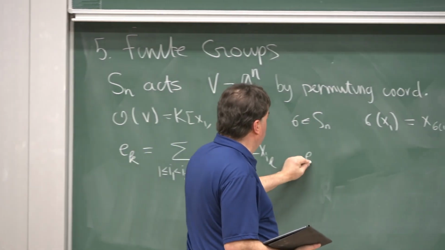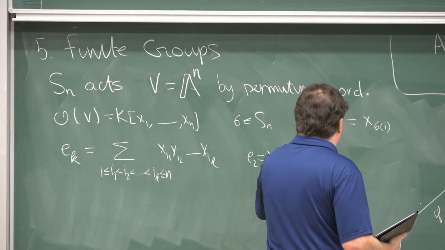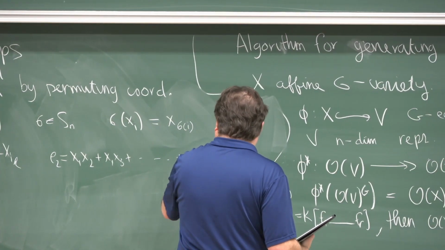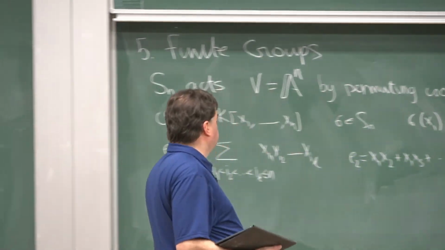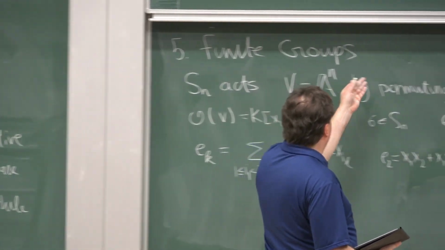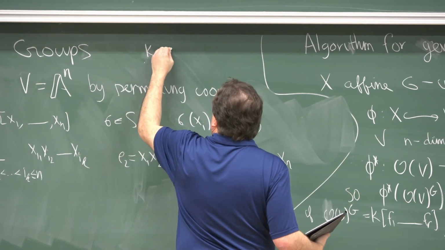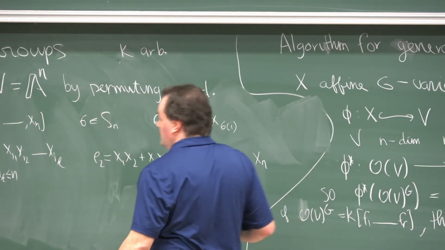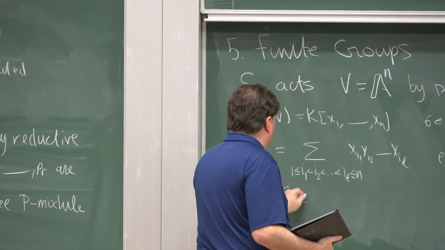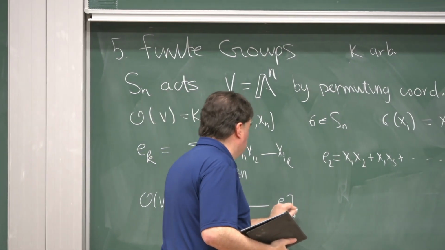So for example, E2 is x1x2 plus x1x3 and so on, plus x_{n-1}x_n. And then it's well known, here k is really arbitrary, for now at least, that the invariant ring is actually generated by E1, E2 up to En.